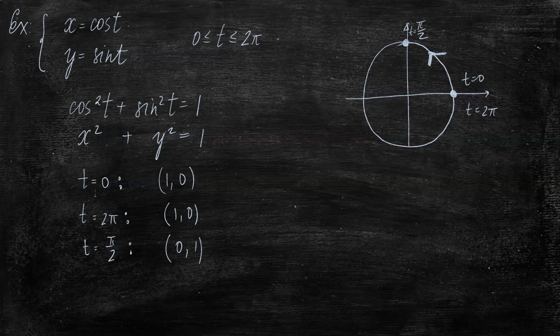Now, the next question is, what we achieved so far is we were able to take a set of parametric equations and produce the curve of some sort, right? And the question is, can we go in the other direction?